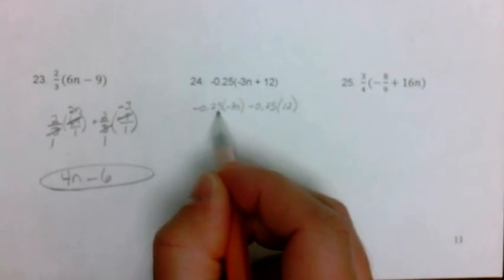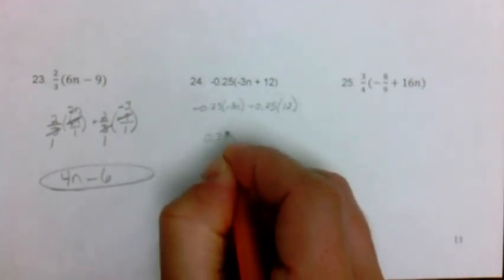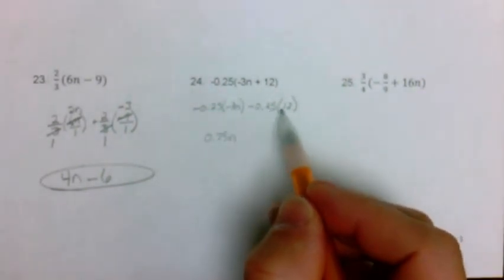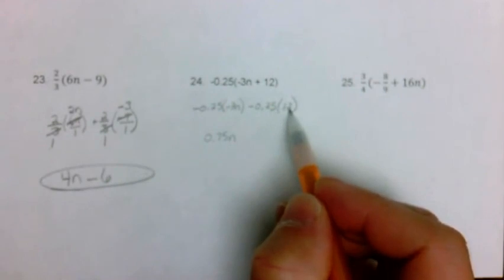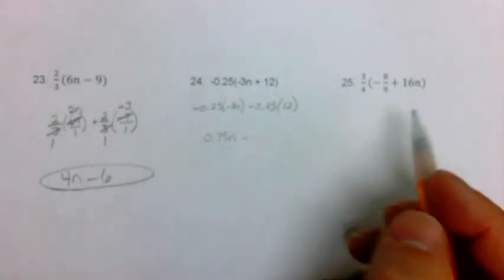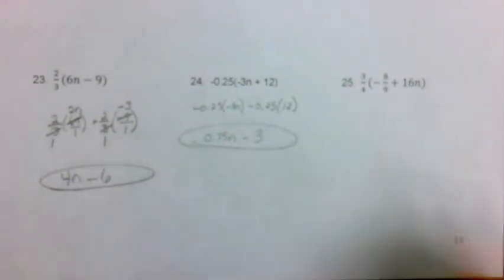Negative 25 hundredths times negative 3n is going to be positive 75 hundredths n. And negative 25 hundredths times positive 12, well, that's going to be negative, so I'm going to write minus, all right? And 25 hundredths times 12 is going to be equal to 3. And so we end up with the equivalent expression of 75 hundredths n minus 3.